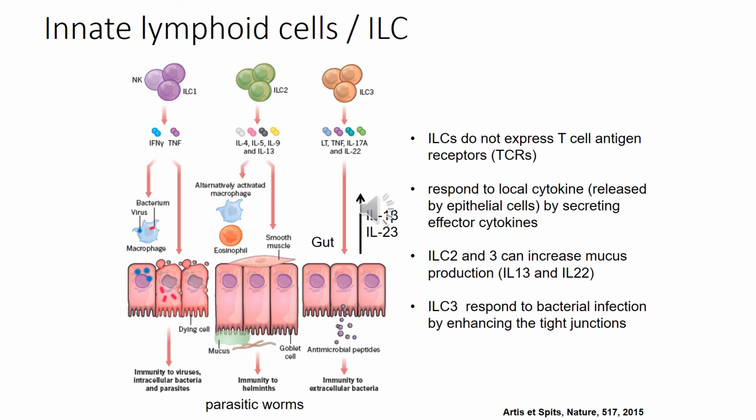The way to do this is that the ILC2 is causing a massive mucus production and also smooth muscle movement to get rid of parasitic worms. The ILC3 is activated by the epithelial cell layer and causes an increase in antimicrobial peptide production. And this is an effective way to reduce the number of extracellular bacteria.